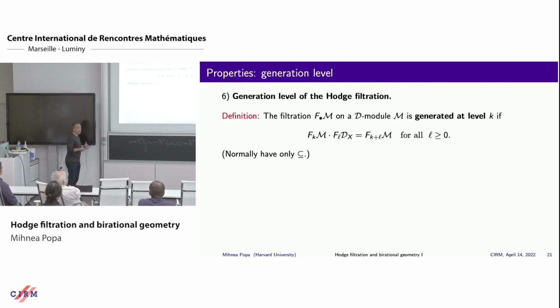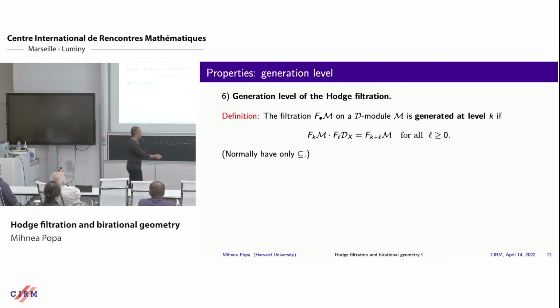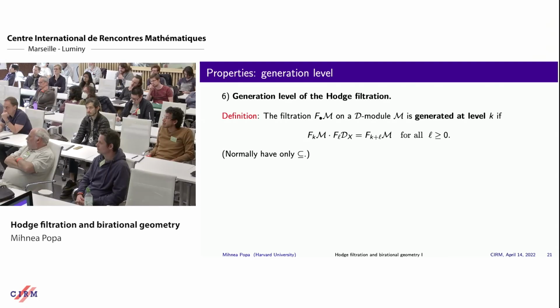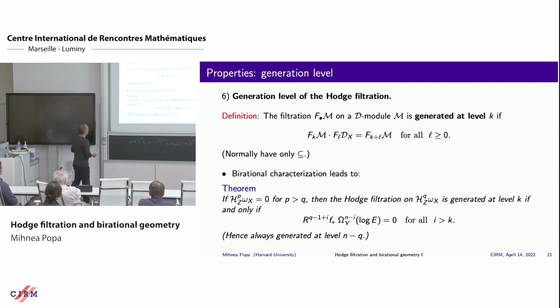All right, so this kind of log resolution study, so now this notation here will come into play a lot. This kind of setup allows us to give a criterion for the generation level of the Hodge filtration on local cohomology. Unfortunately, not on all local cohomology, but on the one that's interesting if you want to study the local cohomological dimension.